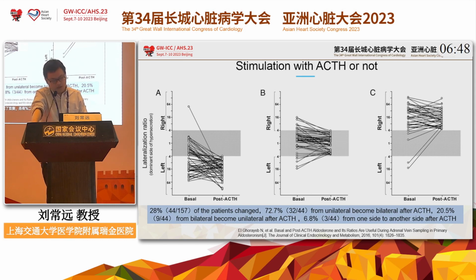Also, ACTH stimulation during AVS facilitates the assessment of selective adrenal vein catheterization. However, there is no conclusive evidence that ACTH stimulation leads to a better outcome than unstimulated AVS.